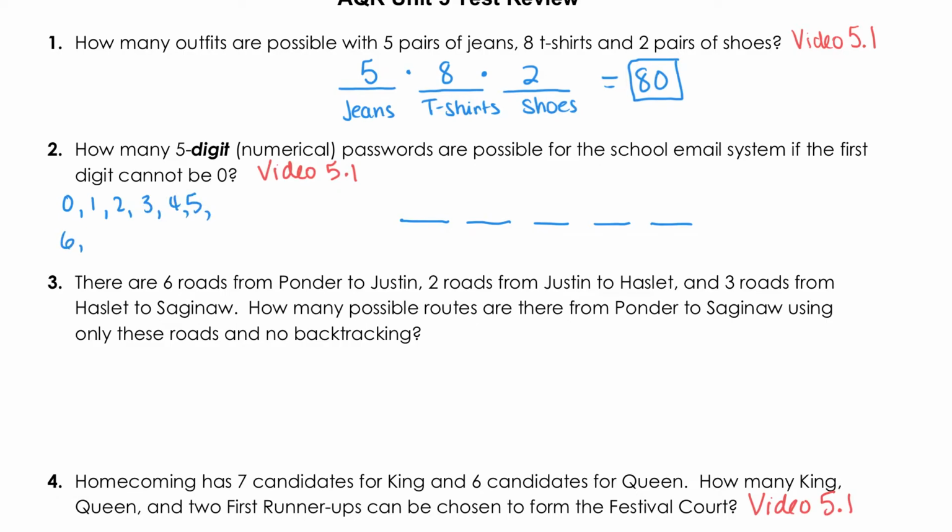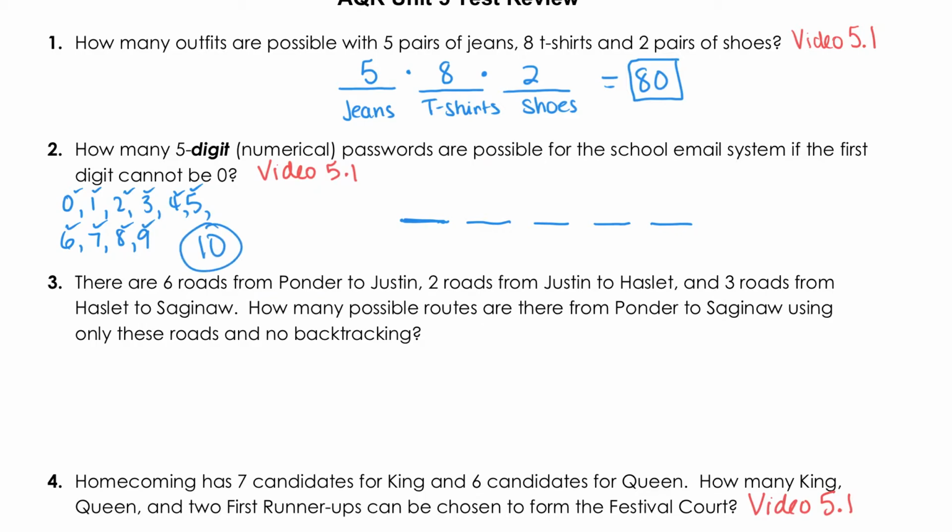We can do 6, 7, 8, and 9. But that's all that we can choose for a 1-digit number. So there's a total of 1, 2, 3, 4, 5, 6, 7, 8, 9, 10. There's a total of 10 numbers.